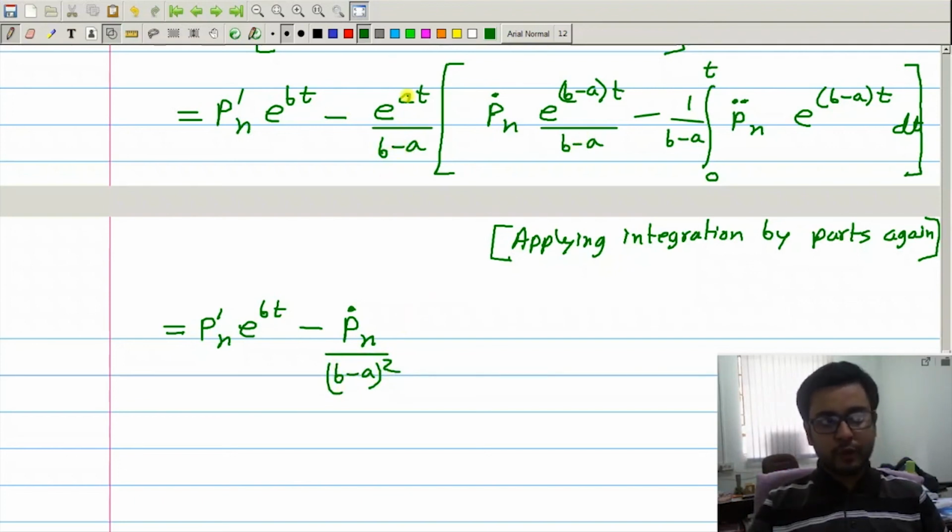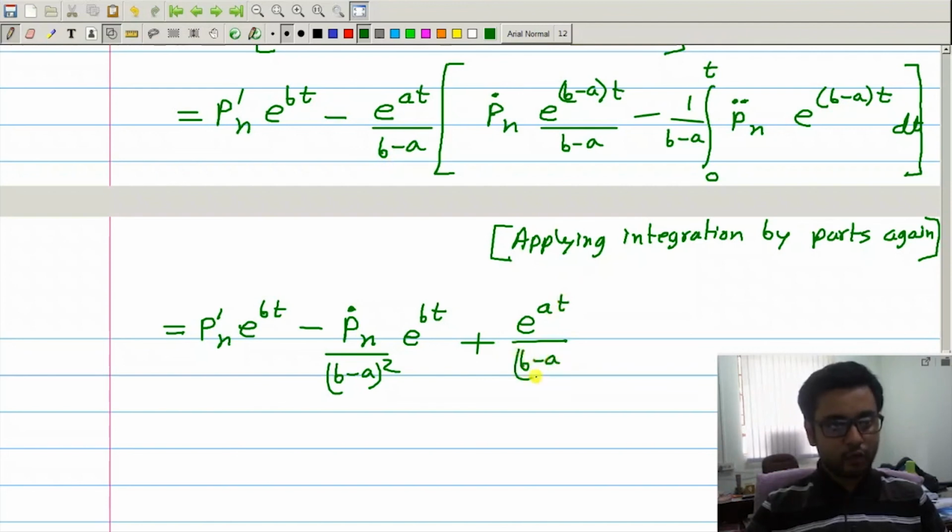Then e to the power plus a minus a cancels, only e to the power bt remains. Then minus minus plus e to the power at divided by b minus a whole square, and then you have this integration term.